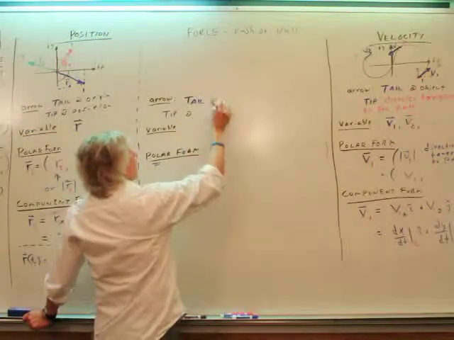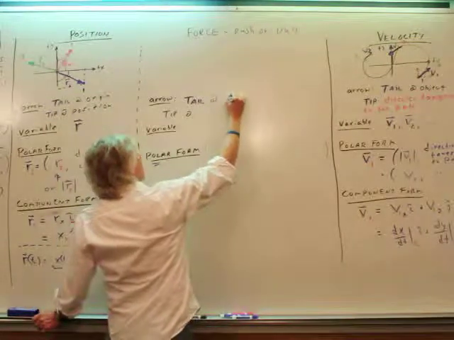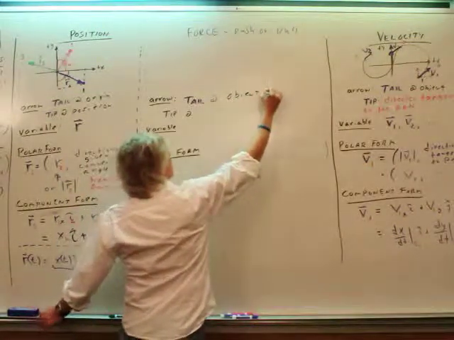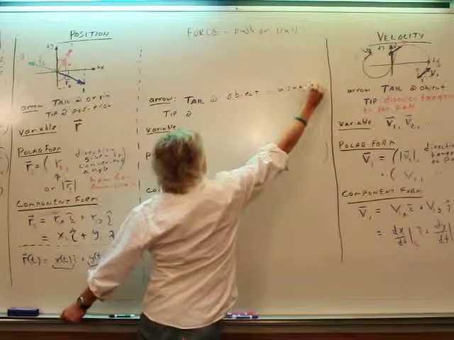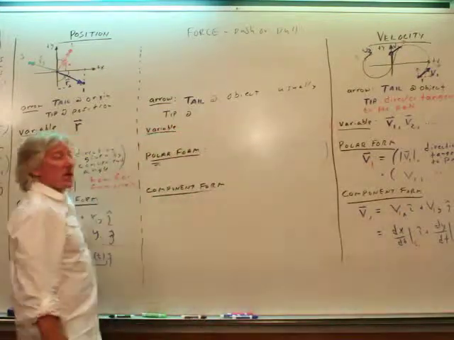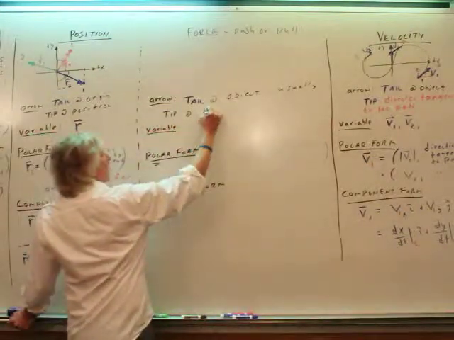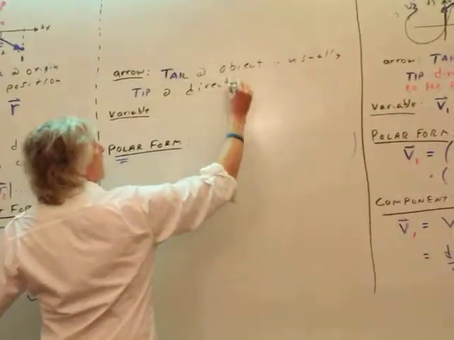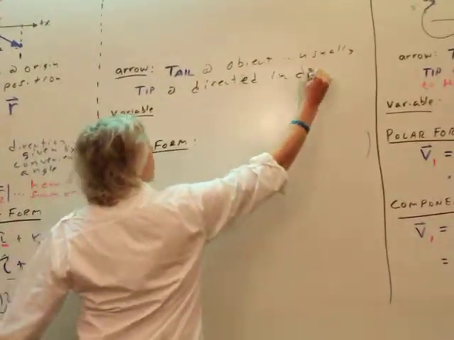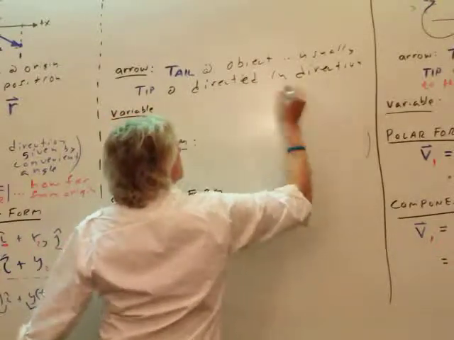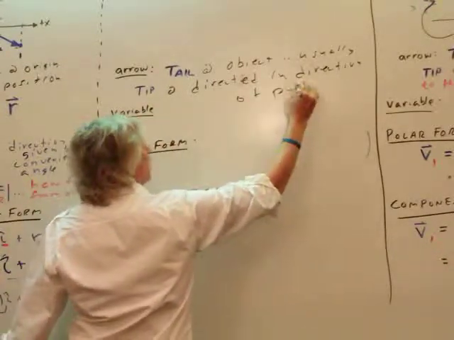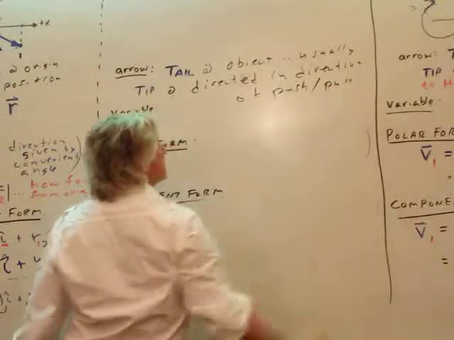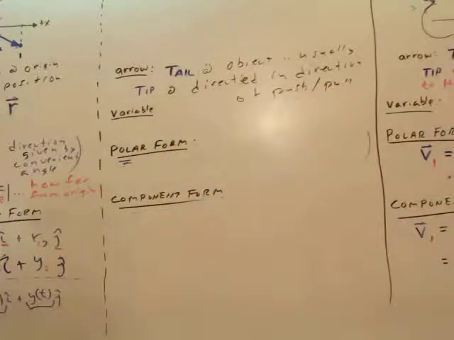So you draw an arrow, tail at the object, usually, often. The tip directed in the direction of the force of your push or your pull. I'll show you in a second.